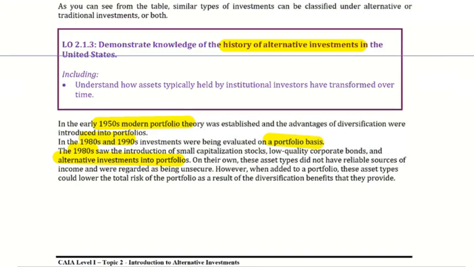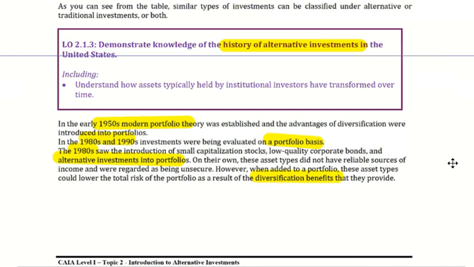Often these assets on a standalone basis didn't have reliable sources of income and weren't regarded as being overly secure. But when we added these particular investments to a portfolio, there were certain benefits, particularly diversification benefits. And remember, diversification benefits, guys, what do we always say?